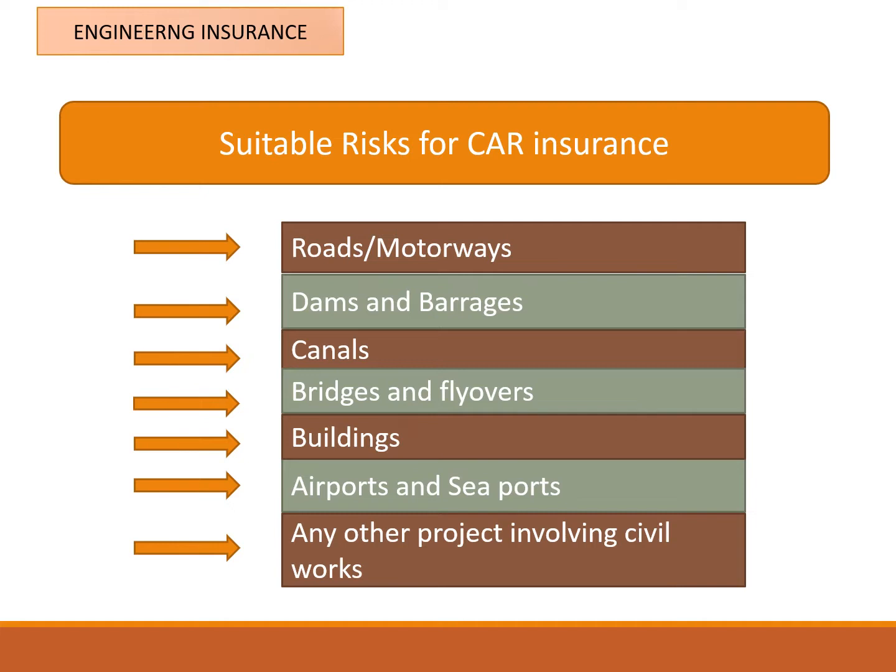Mainly civil works are covered under CAR insurance, which includes roads, motorways, dams and barrages, canals, bridges and flyovers, buildings, airports and seaports, and any other project which involves civil works.